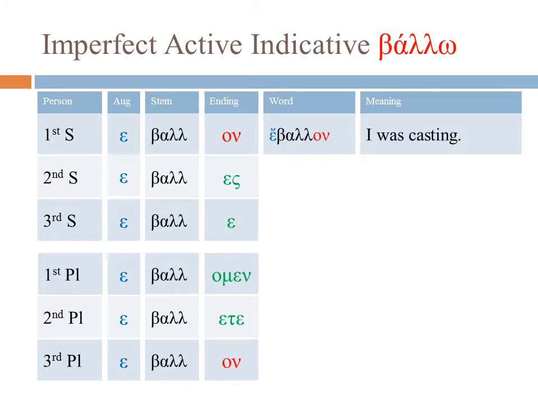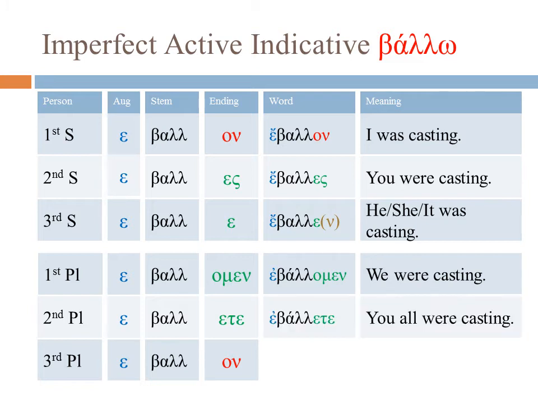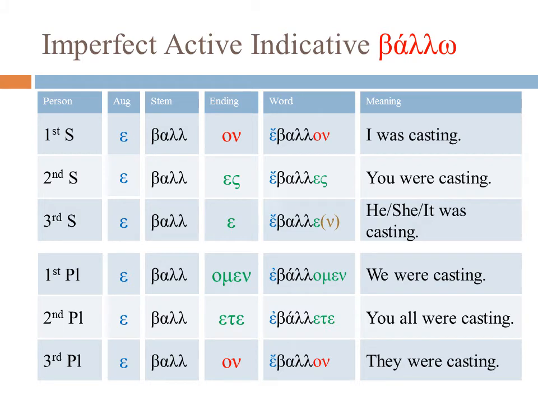So we get ἔβαλλον, I was casting, ἔβαλλες, you were casting, ἔβαλλε or ἔβαλλεν, he, she, it was casting, ἐβάλλομεν, we were casting, ἐβάλλετε, you all were casting, and ἔβαλλον, they were casting. And obviously when you are parsing, ἔβαλλον is identical to first person singular as well.